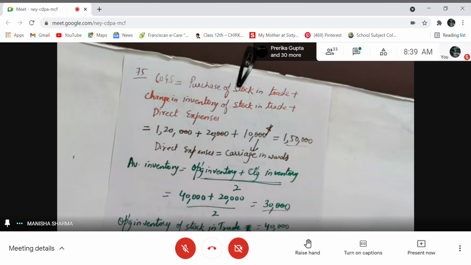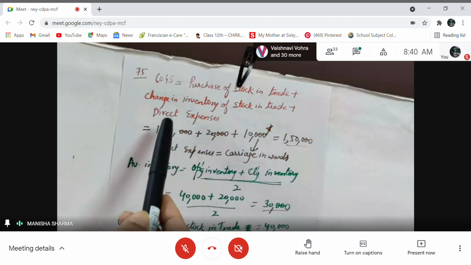Anyone? Carriage inwards. Yes, since employee benefit expense details are not given, we have to go down and see in the notes to accounts, where other expenses are given. In the notes to accounts, carriage inward is there, carriage outward is there, miscellaneous expenses are there. Out of these, carriage inward worth 10,000 is a direct expense, right? So plus 10,000 I've written, right?